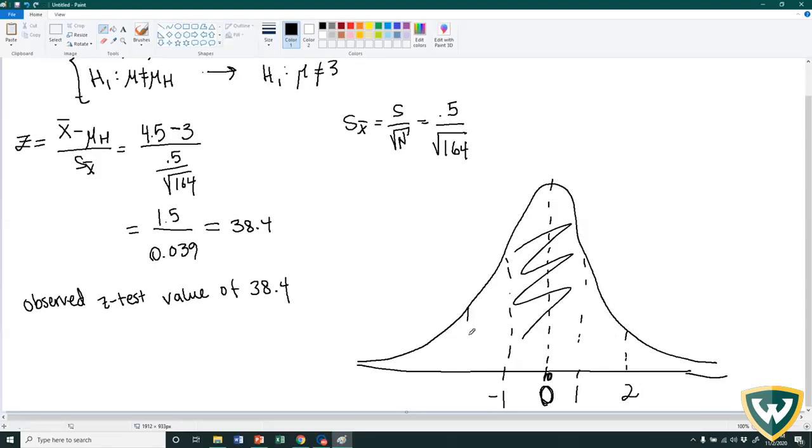And then 95% of the data approximately lies within 2 standard deviations of the data. 99% approximately lies within 3 standard deviations of the data.